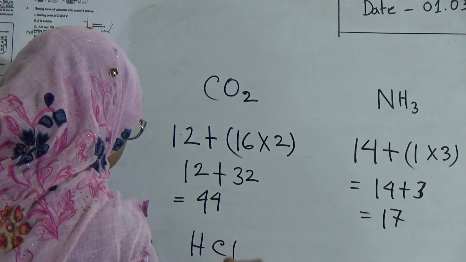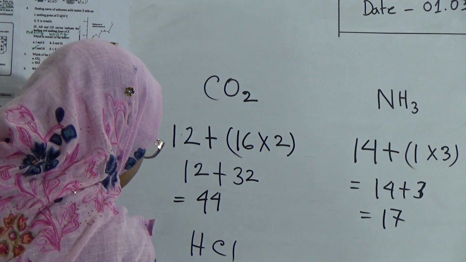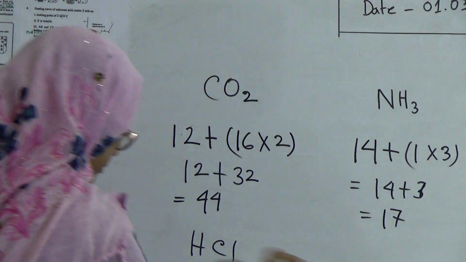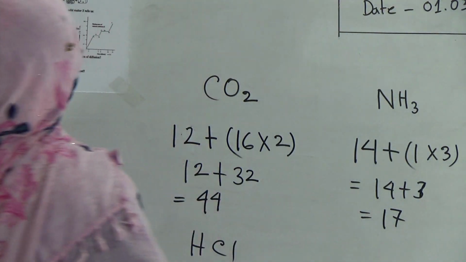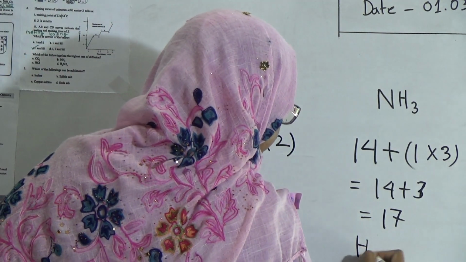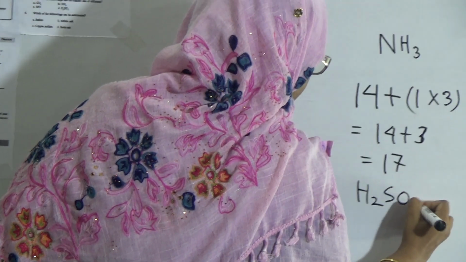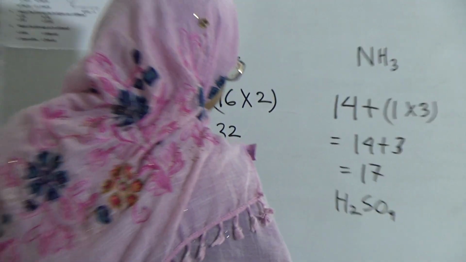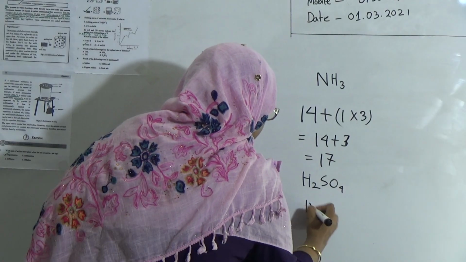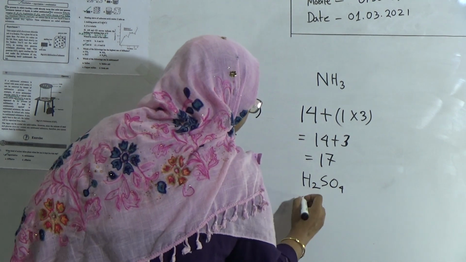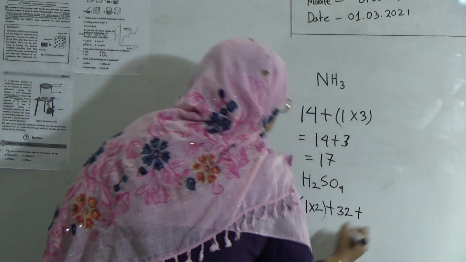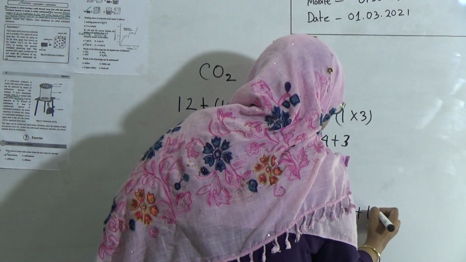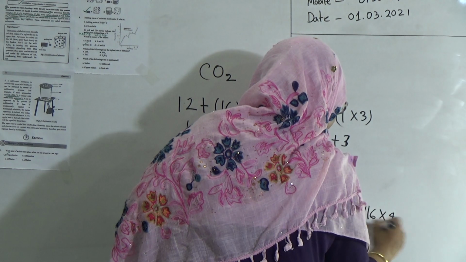Hydrochloric acid: if we consider hydrogen 1, chlorine 35, if we don't take the fraction, then 36. In the case of sulfuric acid, hydrogen is 1 into 2 since it has 2 atoms, then sulfur 32, then oxygen 16 into 4.